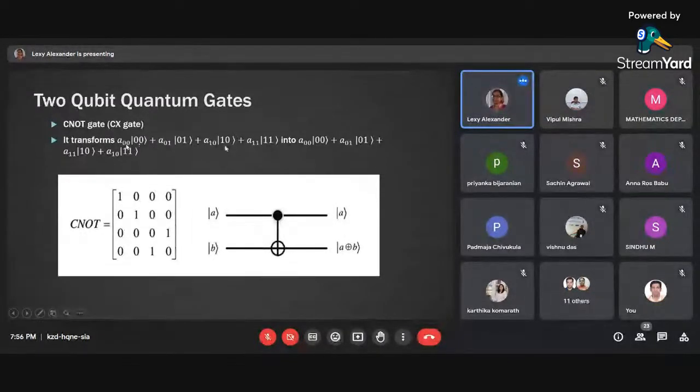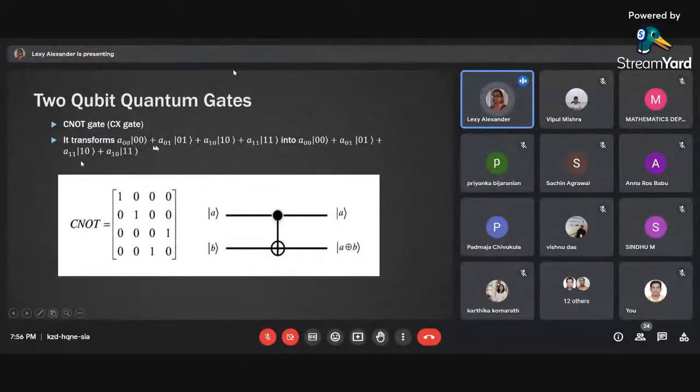So A10|10> will be mapped to A10|11>, and A11|11> will be mapped to A11|10>. So that is what it is. The matrix is like this. The first 2 rows will be the same. The second one will be flipped, so its column will be 0001, and the third one will be the flipped one, so it will be again 0010. So the CNOT gate matrix representation is like this.